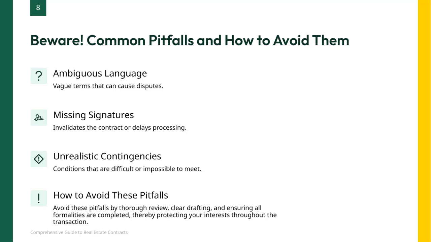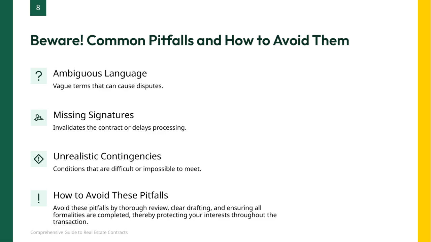On this slide, we're focusing on common pitfalls that can occur in contracts and how to avoid them. First, ambiguous language is a major issue. Using vague terms can easily lead to disputes because everyone might interpret those terms differently. Next, missing signatures are a critical problem. Without all the necessary signatures, a contract can be invalid or may cause delays in processing.